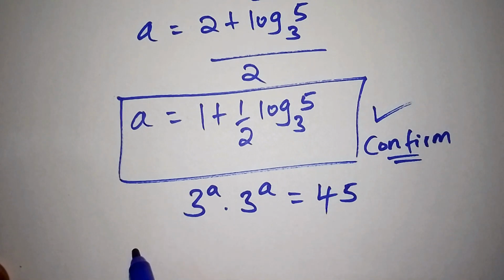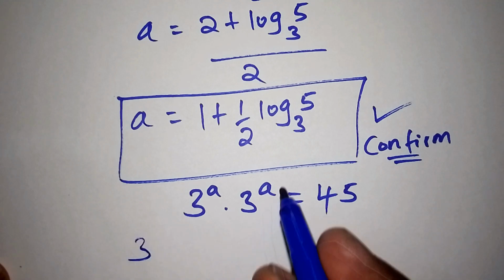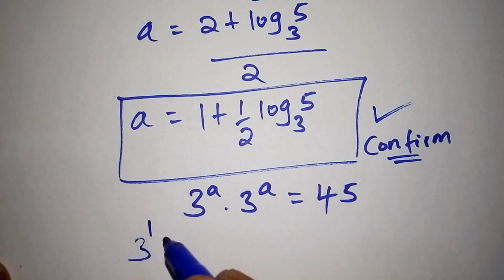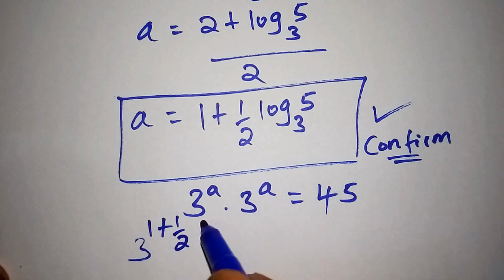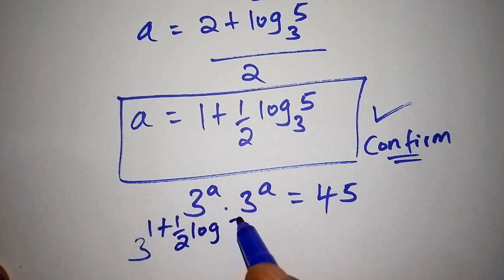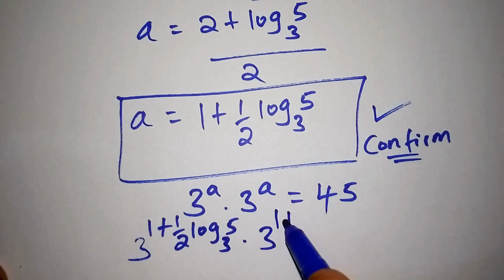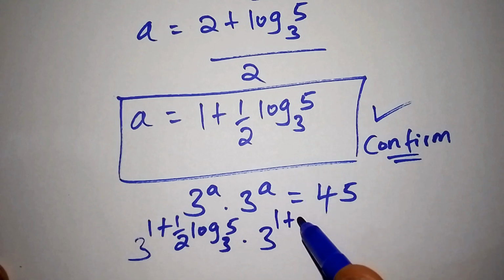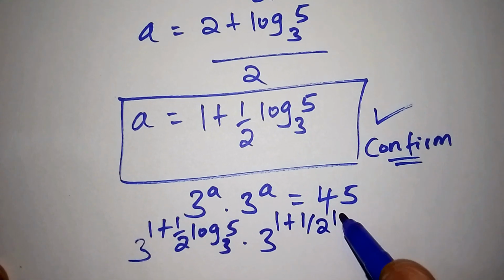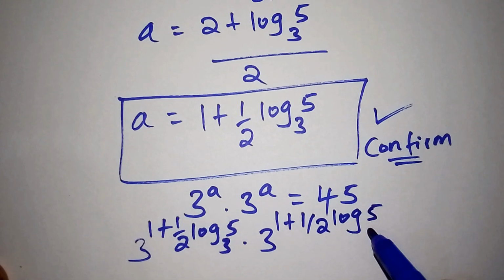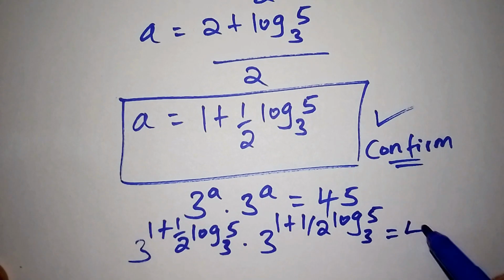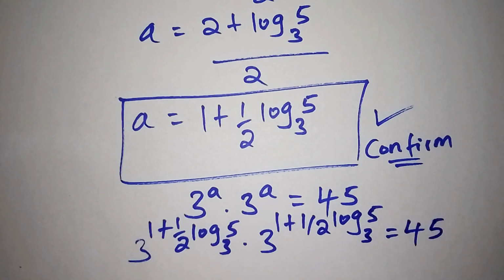So now we shall have 3 to the power of, so our a is 1, then plus a half the log of 5 to the base of 3, then also multiply by 3 to the power of 1 plus a half the log of 5 to the base of 3 should give us 45.